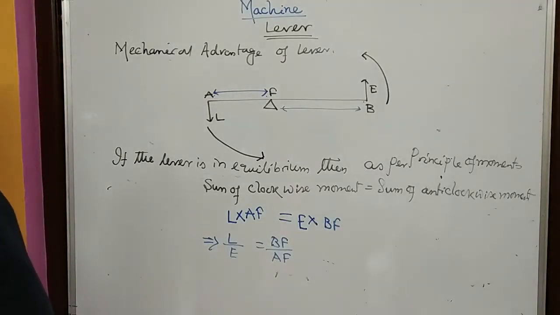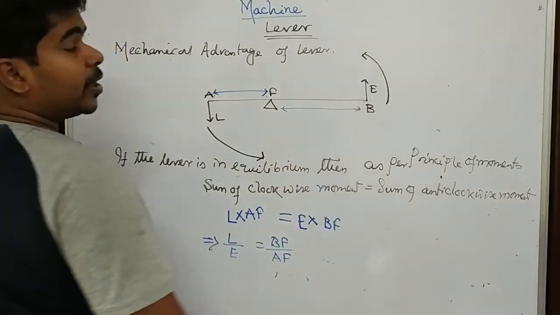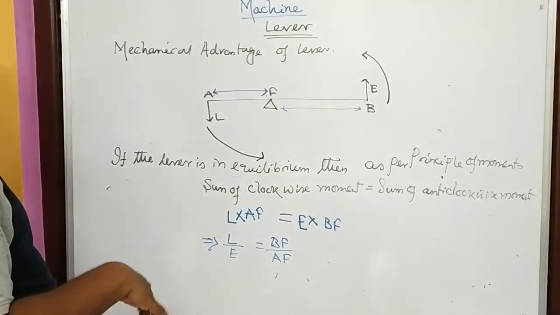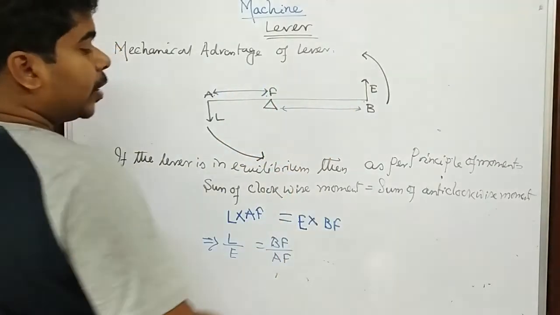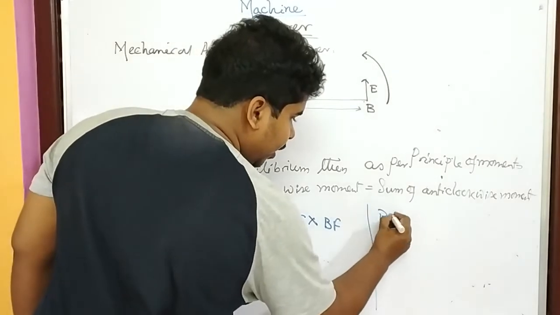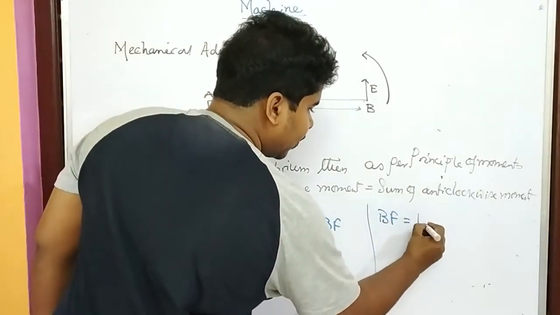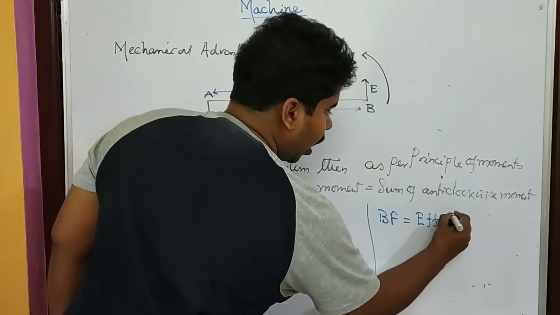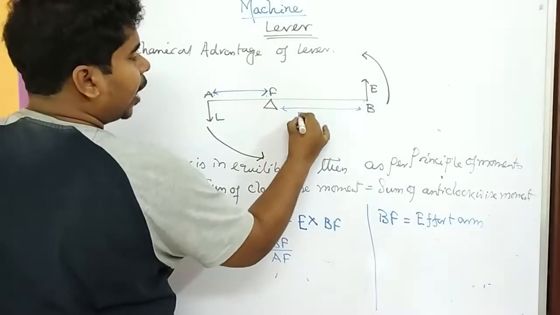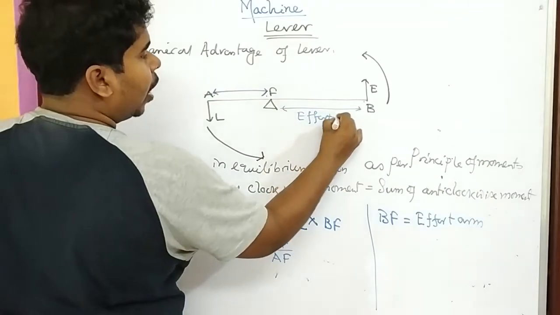What is this BF? B is the point where the effort is applied and BF is the distance from the axis of rotation to where the effort is given. So this BF is taken as effort arm.